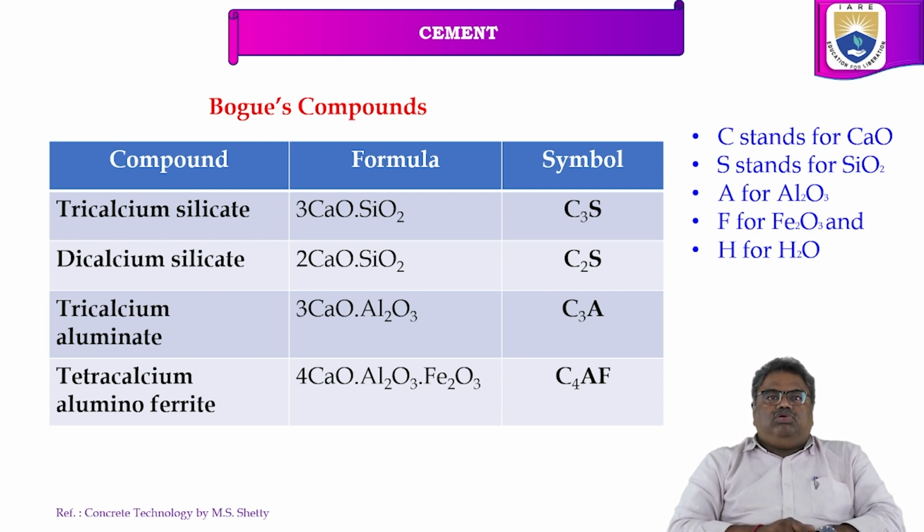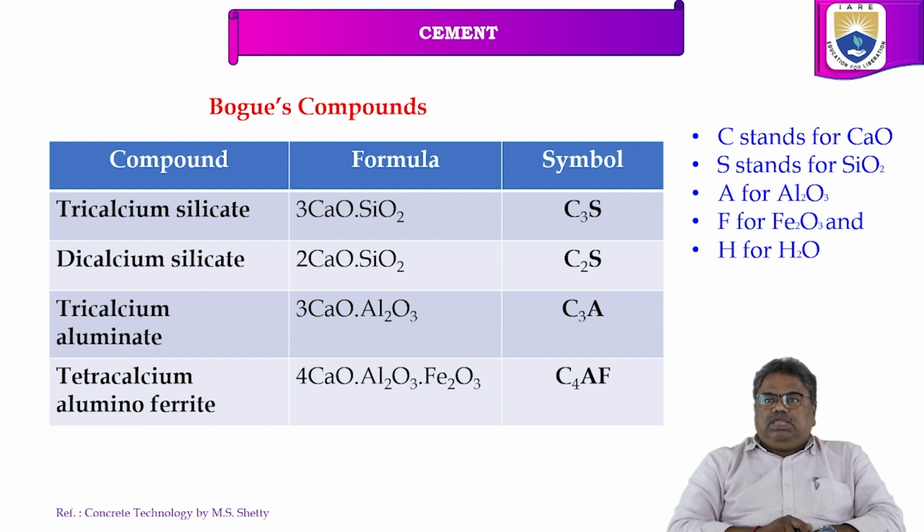These are the four major compounds present when clinkers are subjected to high temperature. Tricalcium silicate, 3CaO·SiO2, has the short form C3S. Similarly, dicalcium silicate is C2S, tricalcium aluminate is C3A, and tetracalcium aluminoferrite is C4AF.